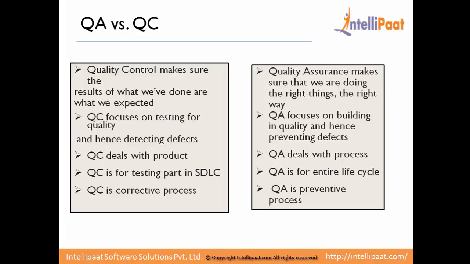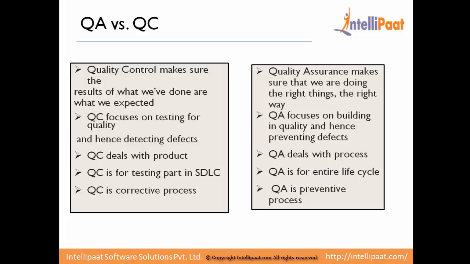Quality control is more of a corrective process. It is corrective and not preventive because the quality control function reports the defects after they have been identified and detected in the actual application being tested. Why is quality assurance a preventive process?